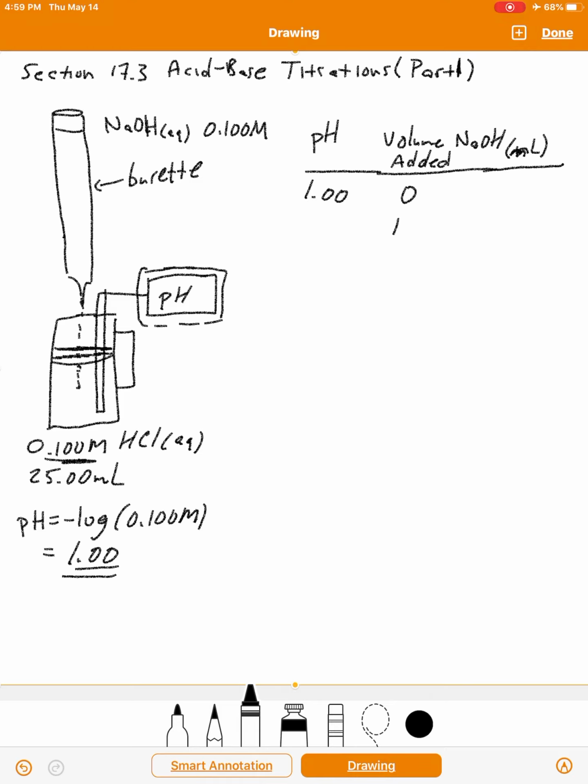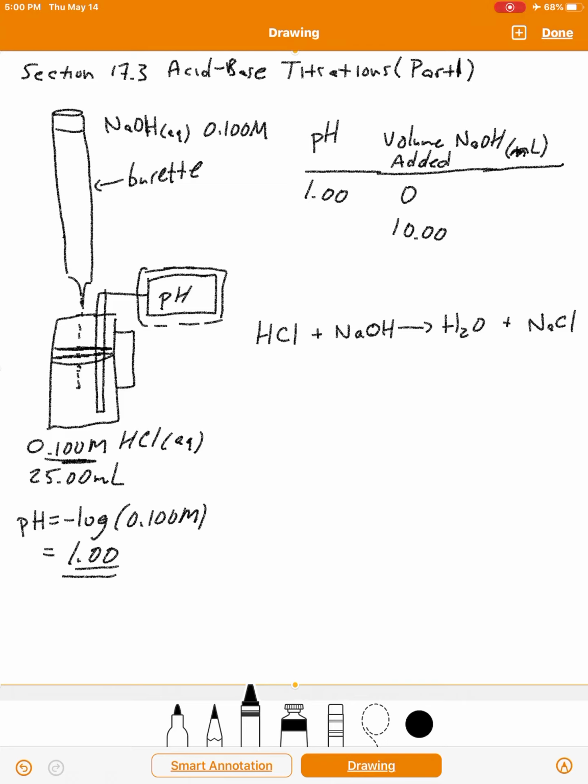So the volume we're adding, this is not the total volume, but this is the volume that we added. Okay? And we're going to calculate the pH. So let me show that over here on the right. Here's how you do the calculation. You take the first reactant, HCl, combine that with the second reactant, NaOH, and it's an acid-base reaction, right? So you get H2O and NaCl, right? Double displacement reaction.